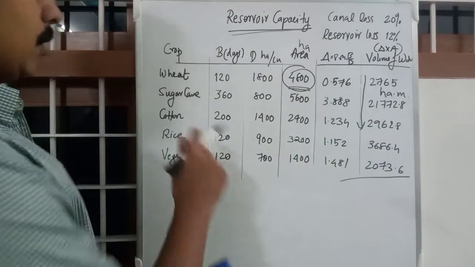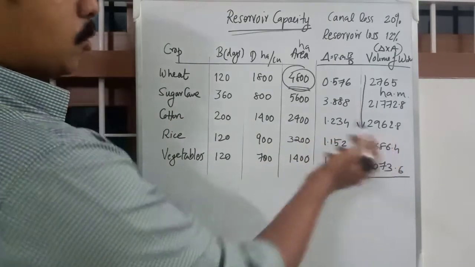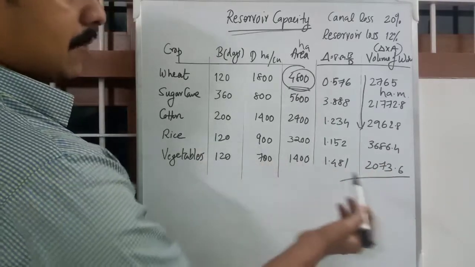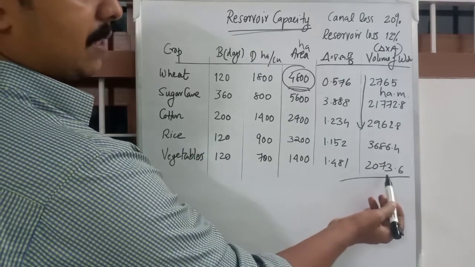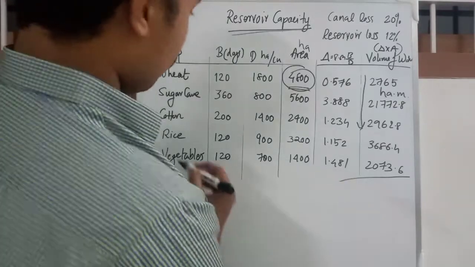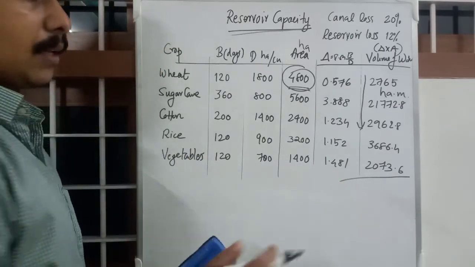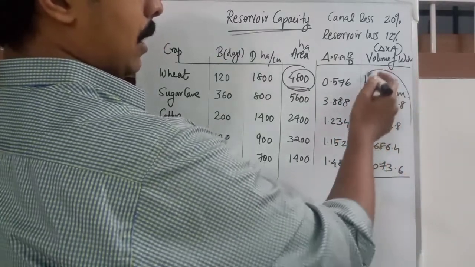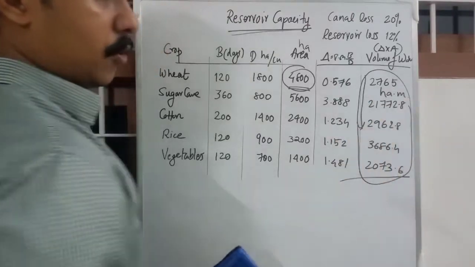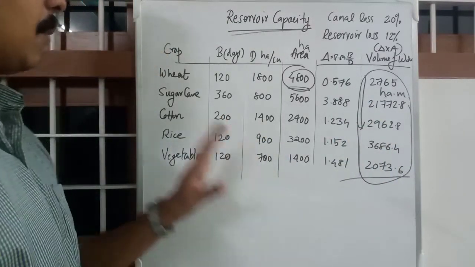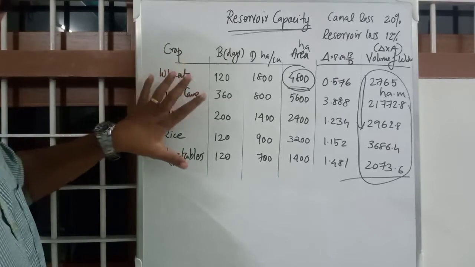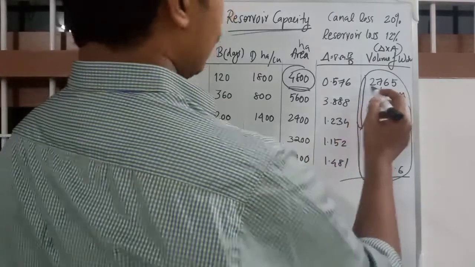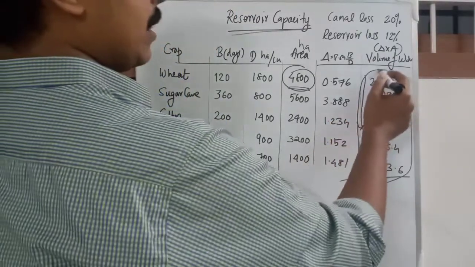21,772.8 hectare meter for sugarcane, 2,962.8 for cotton, 3,686.4 for rice, and 2,073.6 hectare meter for vegetables. As the next step, you add these five values together to get the total water needed to irrigate all five types of crops.